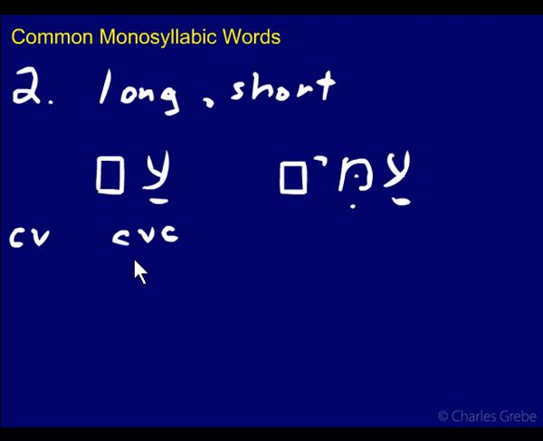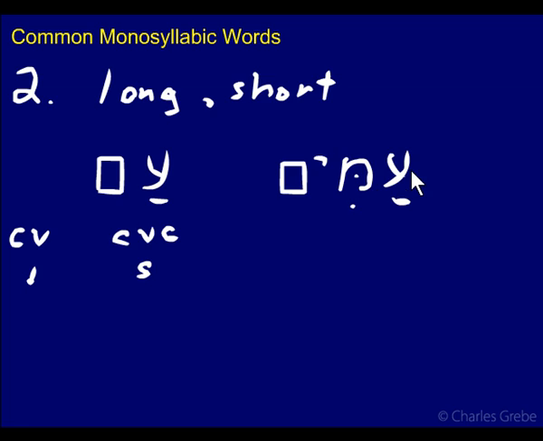But for the unstressed syllables, we could say something fairly concrete about the vowel that was in there. The longer one had to have the short vowel, and the shorter one had to have the long vowel. So, in this case here, we have CVC with a short vowel. No problem. Over here, we have CVC, CVC, because this has got 2 consonants there, right?